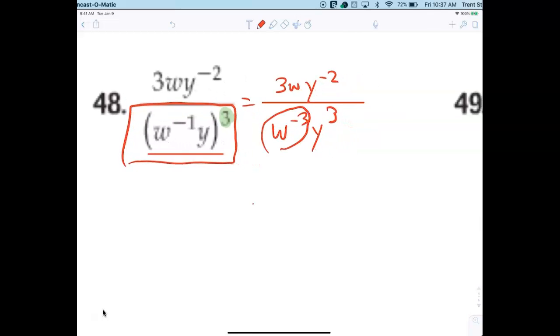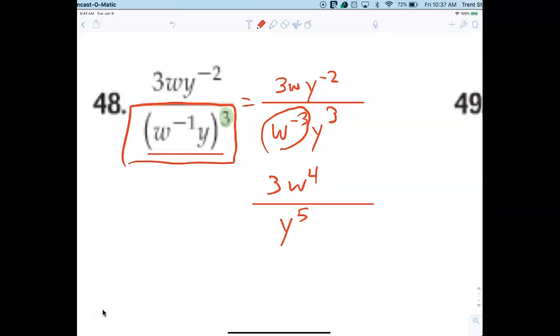You move it to the top. So how many would that give me? 4, w to the 4th power. And then y to the 5th power on the bottom. Good. Really good. So if there was just a negative 1 to the 3rd power, would that be? We're not doing that.